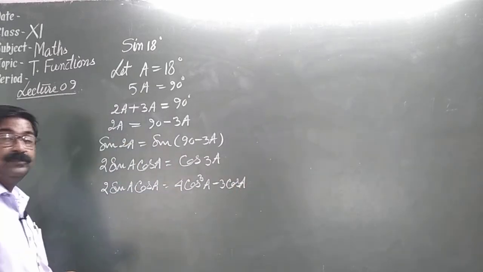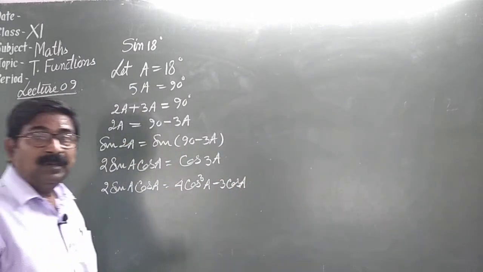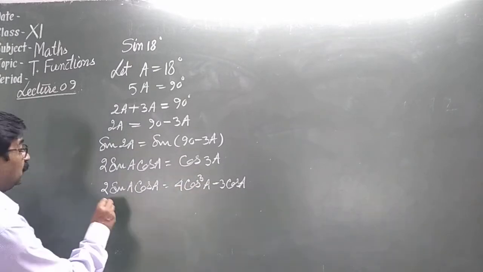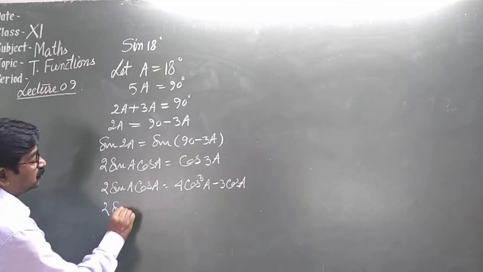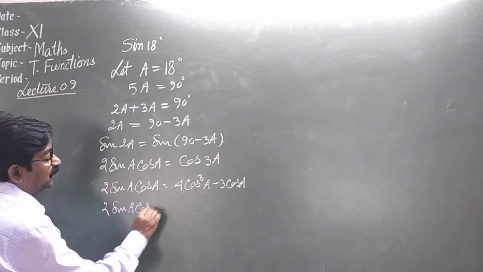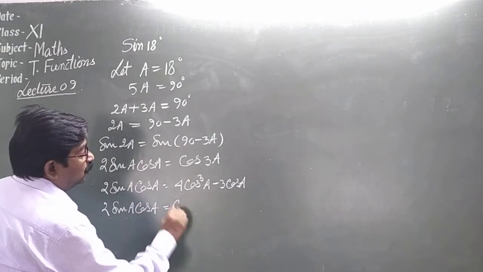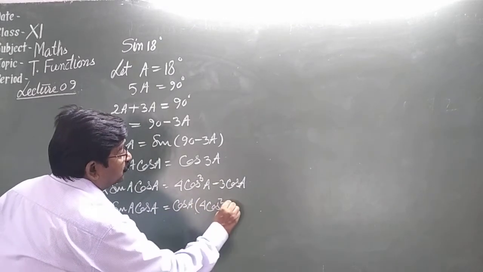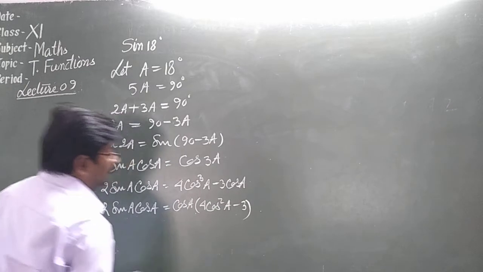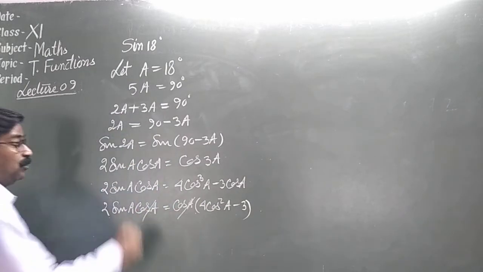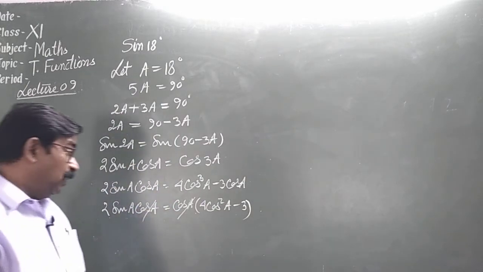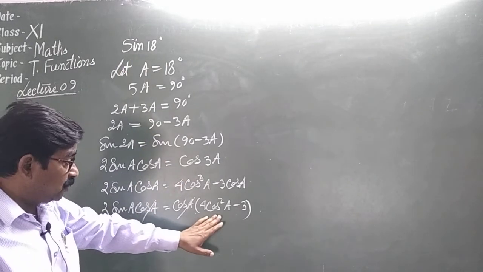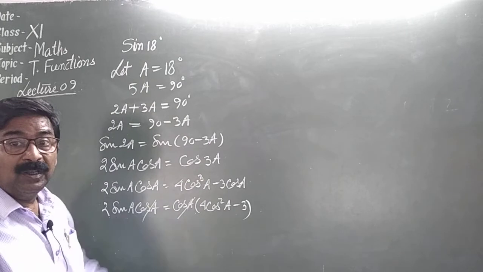Got it? Very simple. Now take cos A common from this side. We have 2 sine A cos A is equal to cos A times 4 cos square A minus 3. This cos A and cos A will go. Now since we are going to find the value of sine, this cos square can be converted into sine square.